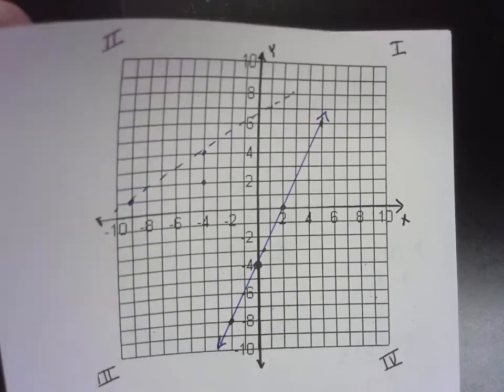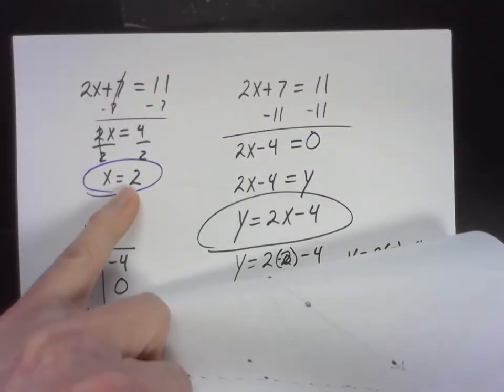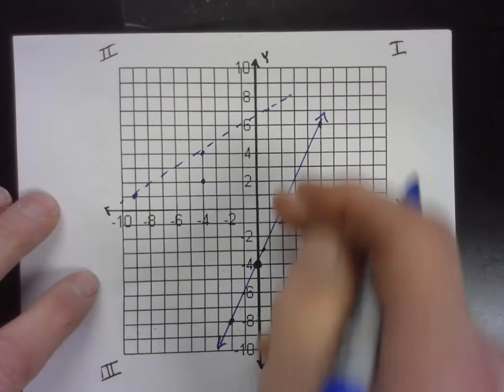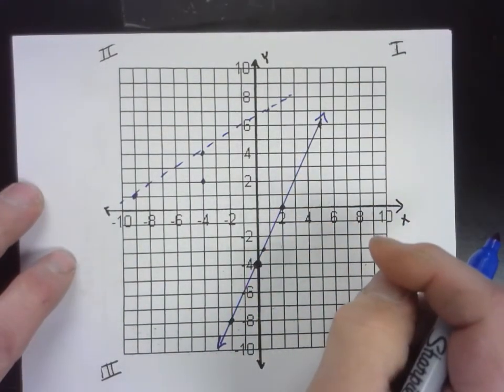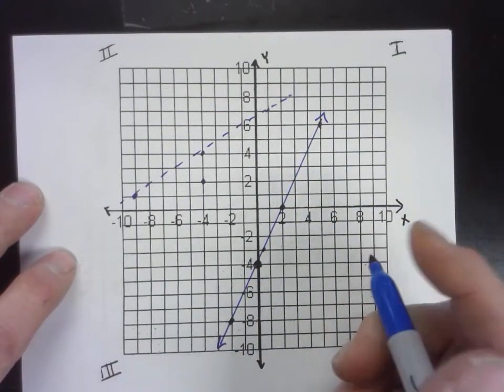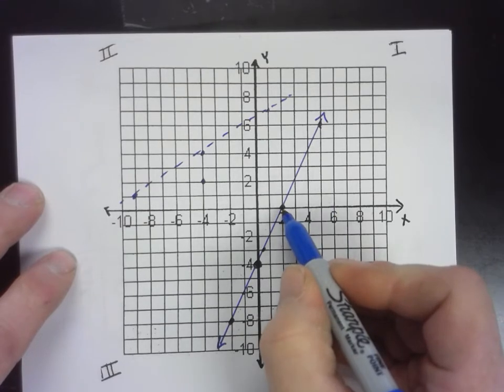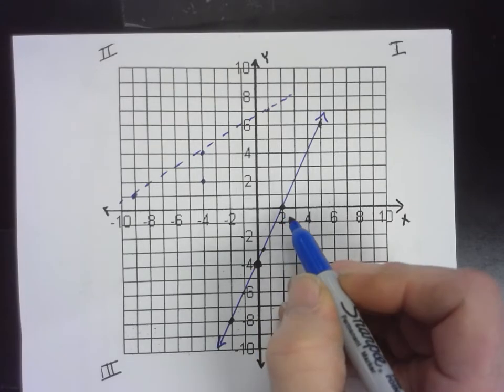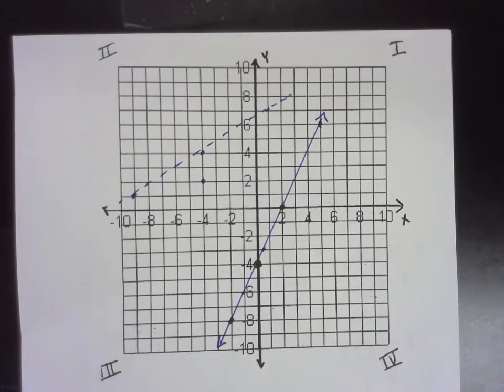Think about this again. What does x equal? Look at our equation, look at our line. Where does it hit the x-axis? At 2. Is that a coincidence? I think not. It's not a coincidence.